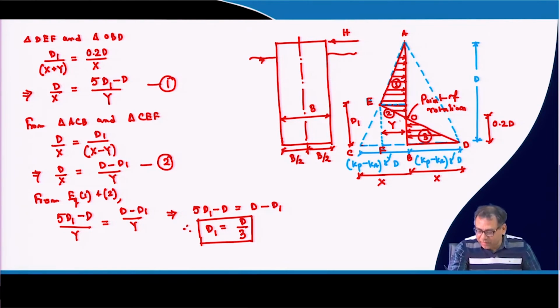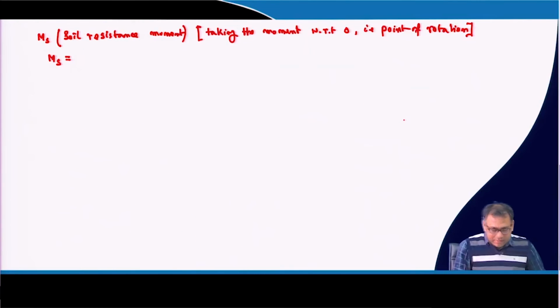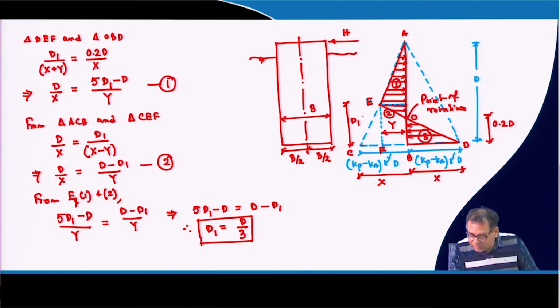Now, I will take the moment for this soil resistance with respect to O. If this d1 is equal to 1/3 of d, then this value will be 2/3 of d, and this distance, 1/3 of d, means 0.33 d.